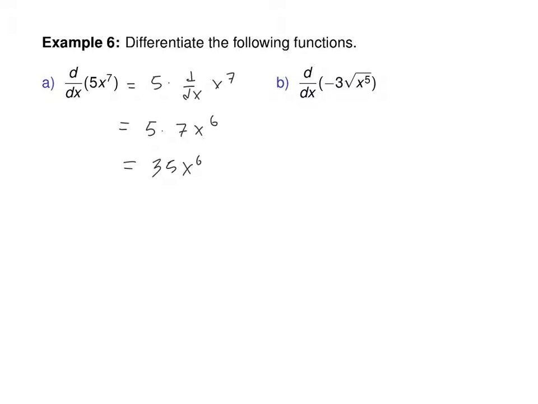Okay, this one is -3 times the derivative of x to the what power? Very good, 5 over 2. So that will be -3 times 5 over 2 x to the 3 halves, so -15 halves x to the 3 halves.